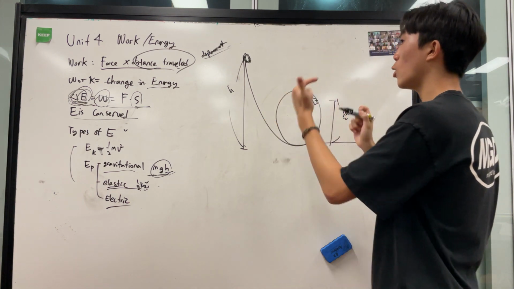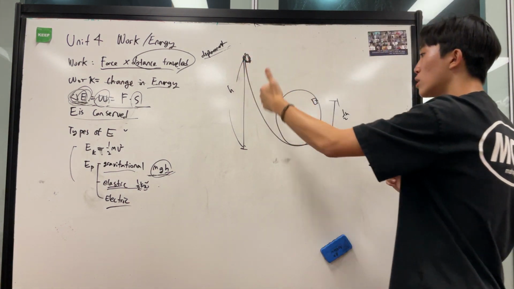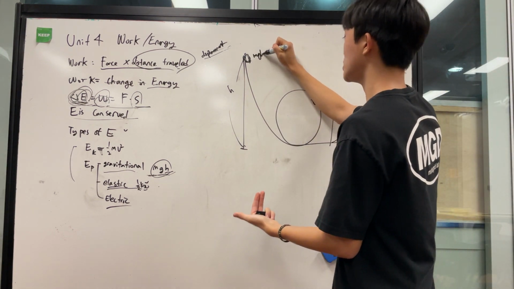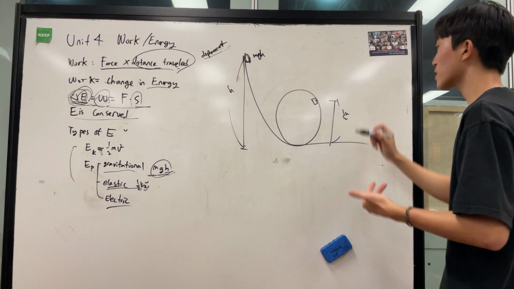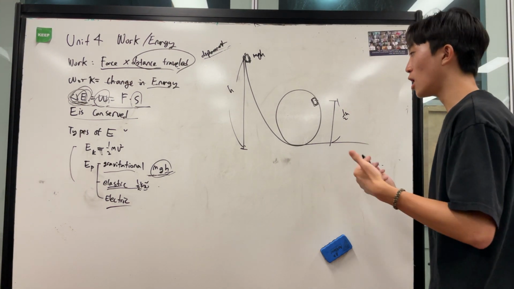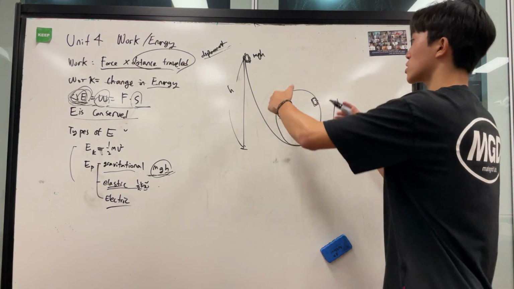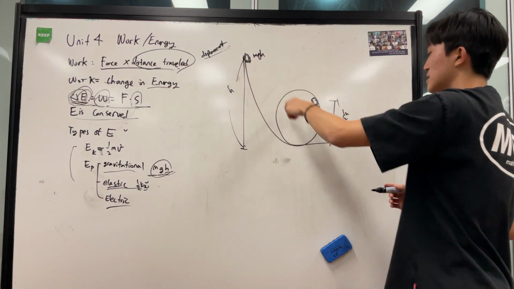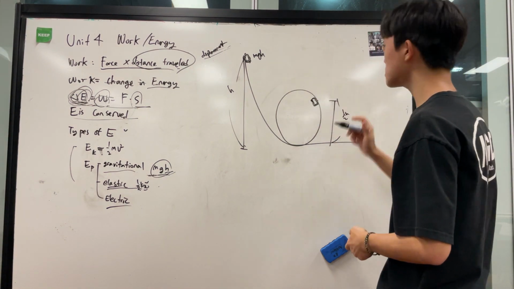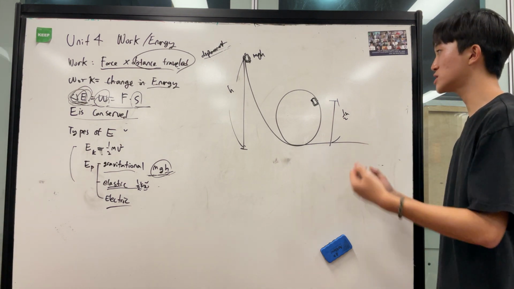Well then, the only energy present on this roller coaster over here would be the gravitational potential energy, which can be calculated by mgh. Now, let's think about the cart that's placed over here. Under the assumption that there's no external force applied onto this cart except for gravity, the energy of this cart would be conserved.